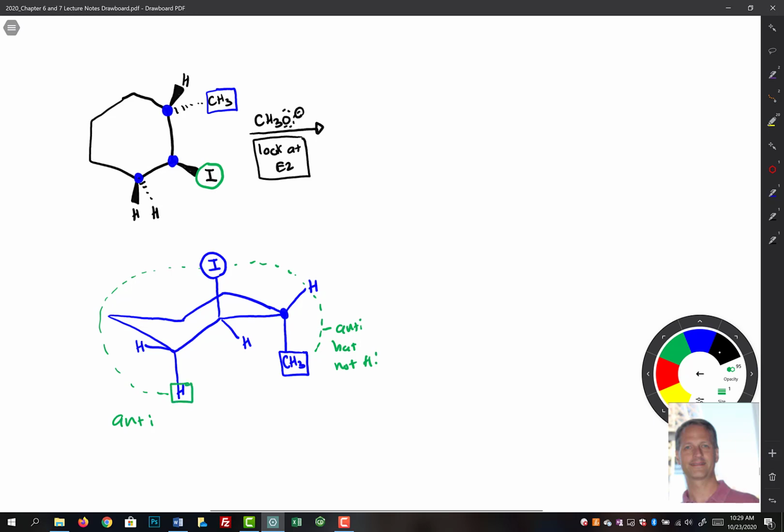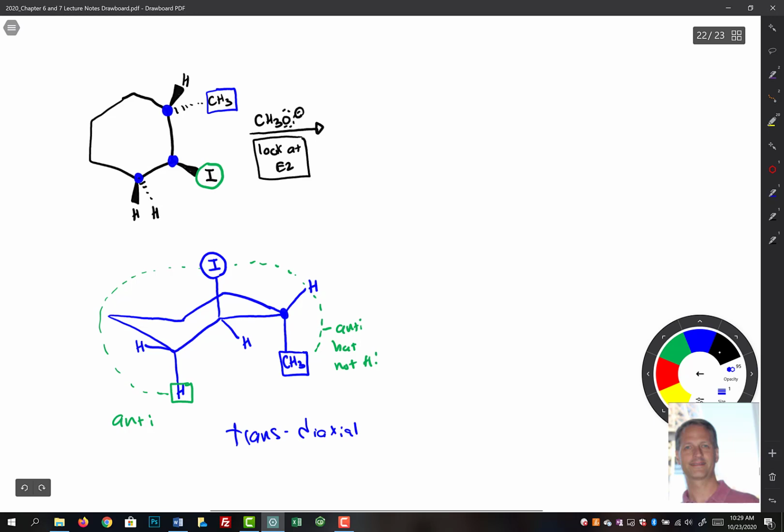So there's no orientation that we can put this in where we have an axial relationship and we're anti to each other. So this is called trans-diaxial. So the requirement in rings is called trans-diaxial.